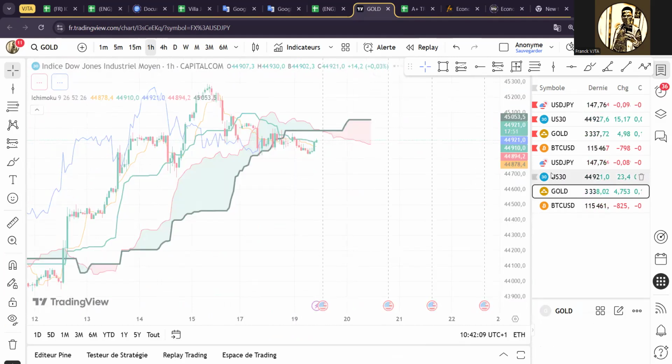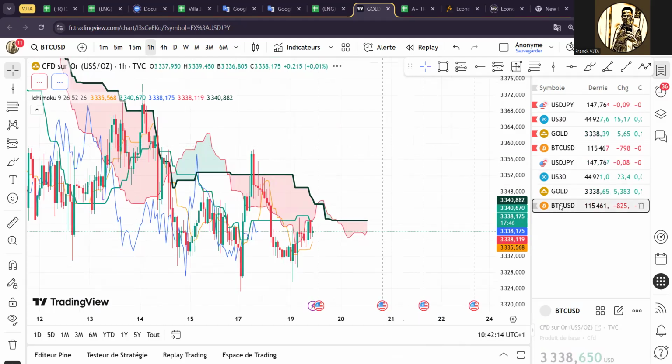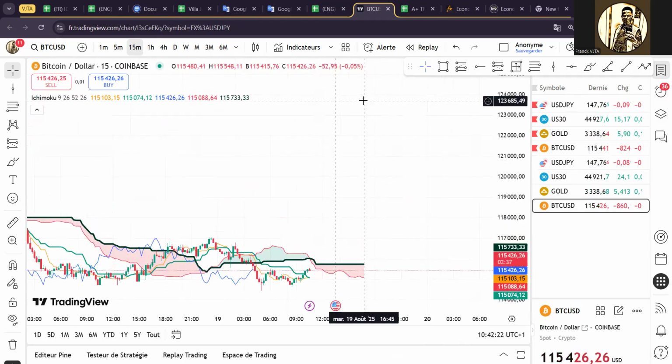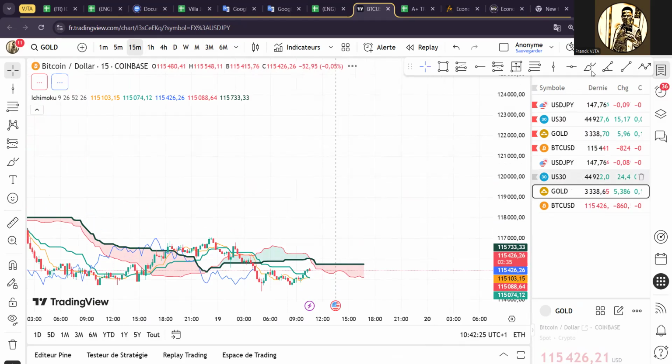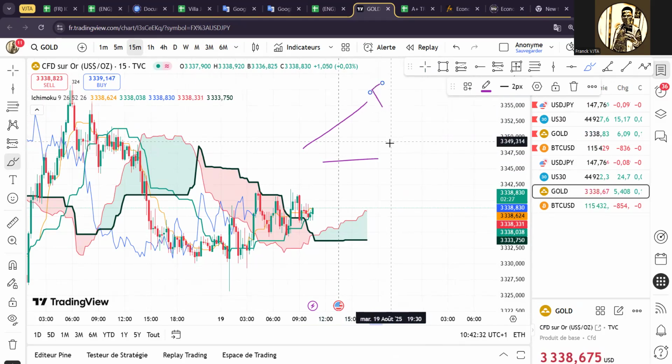I really want live examples for all of this, for the remaining ones. Let me try to look at it in 15 minutes. The example I want is that Tenkan must be inclined like this and Kijun must be a plateau. Like Tenkan, Kijun.